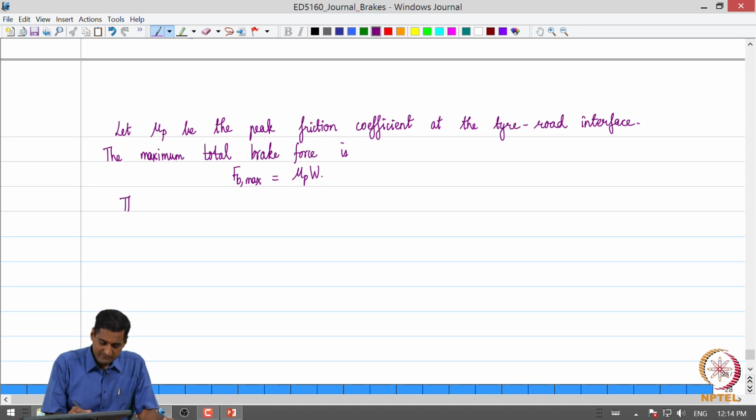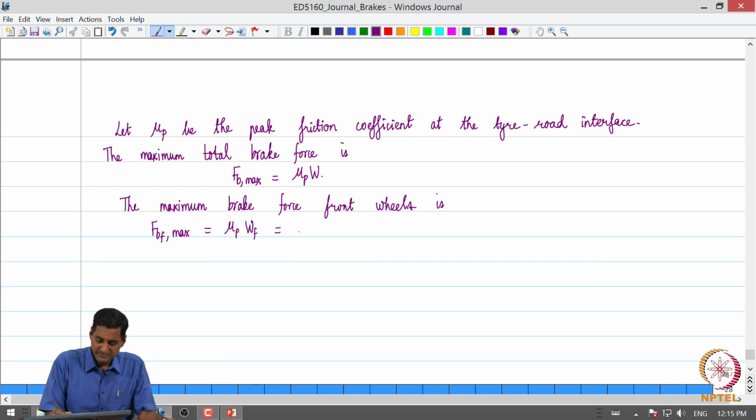So the maximum brake force from the front wheels is FBF max, equal to mu p times WF.